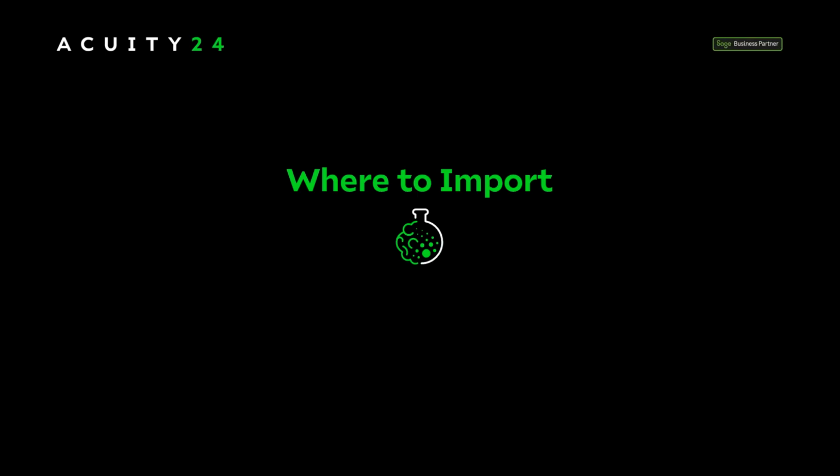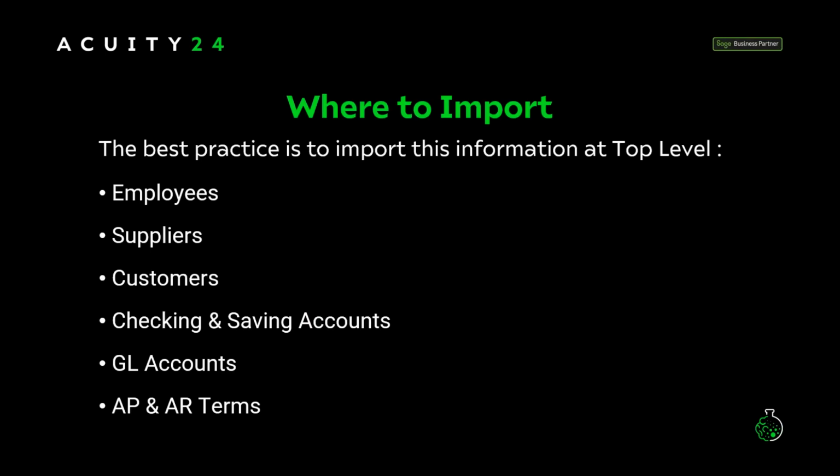What it is, however, referencing is the entity structure of your Intacct system. So if your business is operating a multi-entity company, the question of where to import data needs to be considered. So we've determined that data can be imported from a list view or the import screen, and it can also be imported at either top level or entity level.